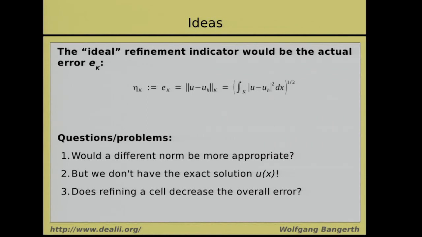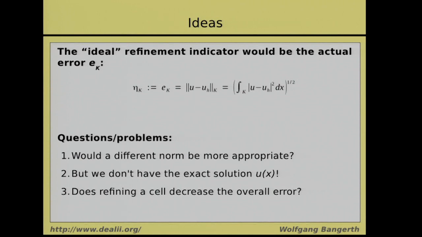Does mesh refinement actually guarantee that the overall error goes down? Because if it doesn't, then maybe our whole strategy of only refining those cells with the largest errors is fatally flawed. Maybe it is not important that we refine the cells with the largest errors, but maybe there are other cells that need to be refined in order to make the error smaller. So it's an important question to ask and to answer.